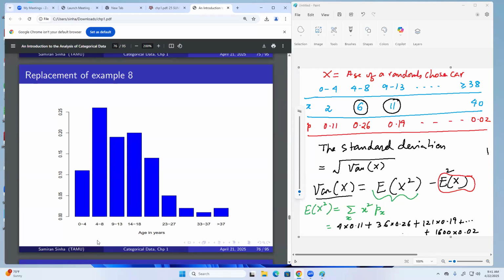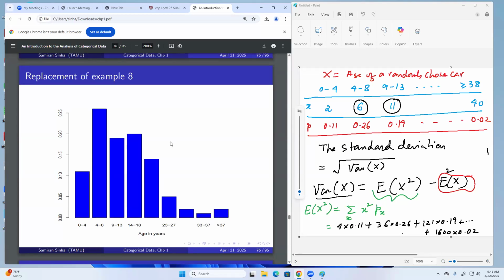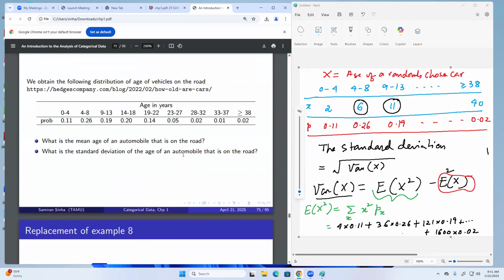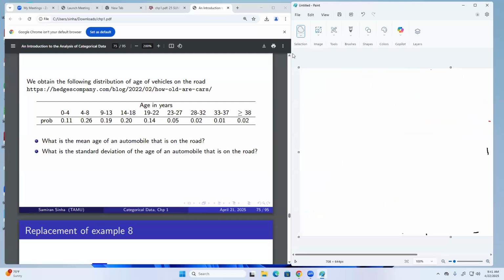And what is the median? Median is the observation such that 50% of ages are below that particular age. So if you look at this data set, let's calculate the cumulative probabilities.